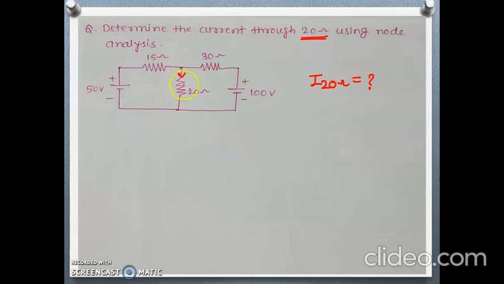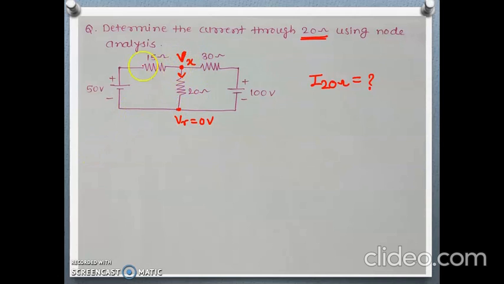See here, this branch is connected between this point and this point, and this is the reference node, which is 0 volt, and this is the node voltage. So here only one node is there, so name it V, or Vx.